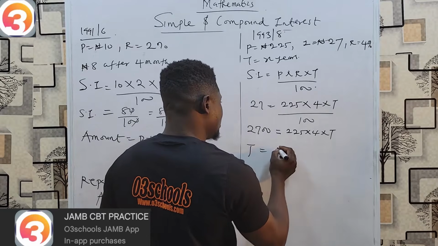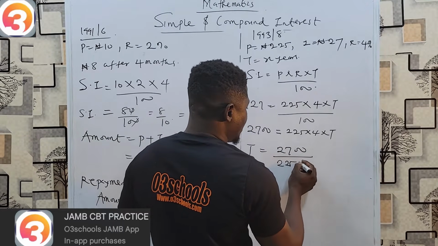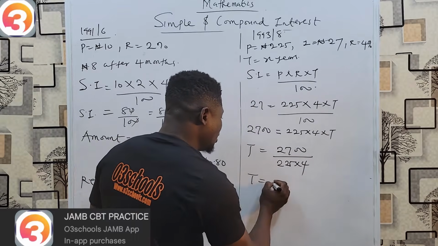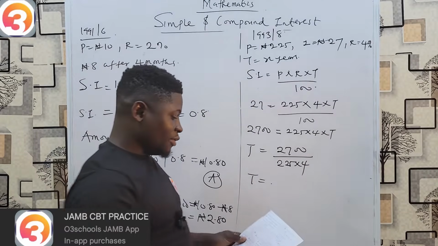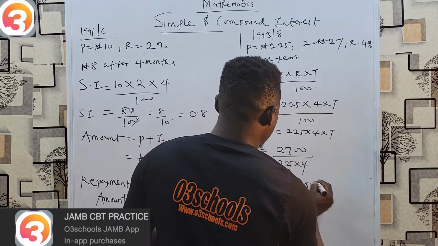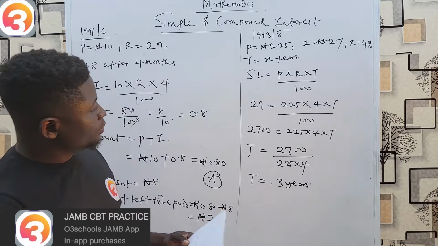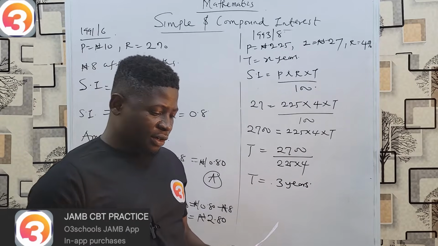So that t will be equal to 2,700 divided by 225 times 4. Press your calculator. So if you do that, our answer is going to be 3 years.